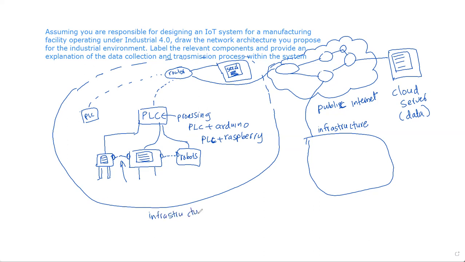If we implement Industry 4.0, we are able to connect infrastructure 1 with infrastructure 2, and so on. We can connect with multiple infrastructures. It will go through the internet and connect with the other infrastructures. So that is basically the concept of Industry 4.0. Do you have any questions?